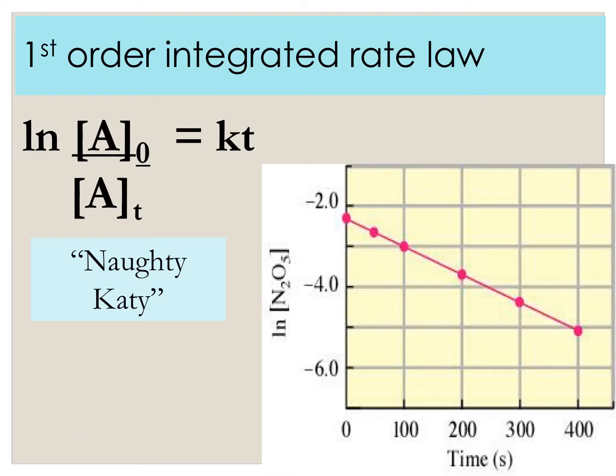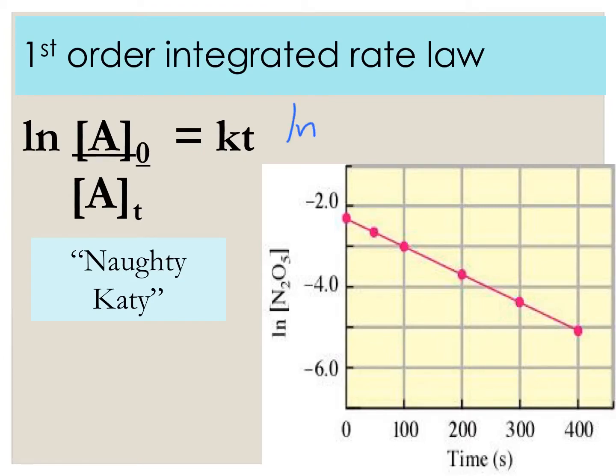So the first order integrated rate law. Now this is the form that used to be taught. The form of the equation has actually changed on your AP test now. We're going to write this in here. It's the same one that I gave you on the lab, and it's also on the bottom of page 4.